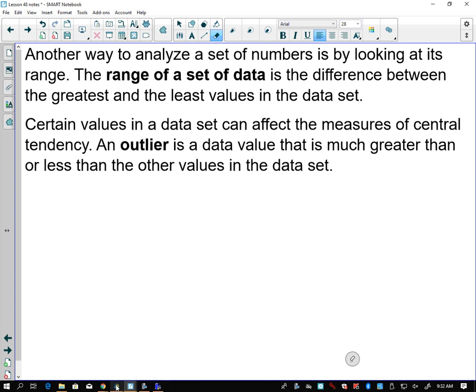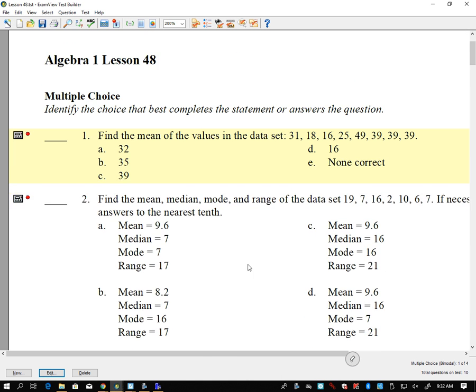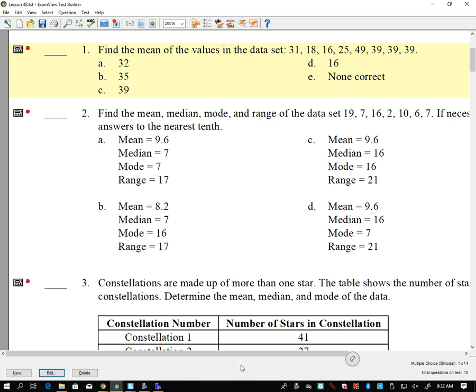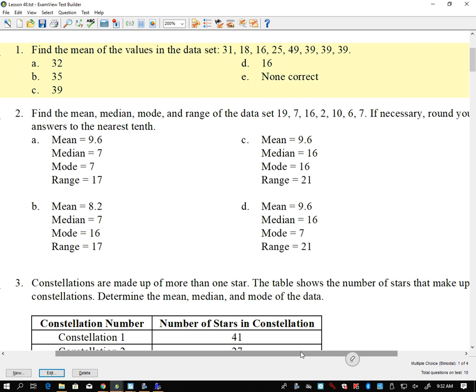Let's take a look at some information here. A lot of this stuff is stuff that you guys can do math-wise. Find the mean of the values in a data set: 31, 18, 16, 25, 49, 39, 39, 39. All right, so what do I need to do with this?